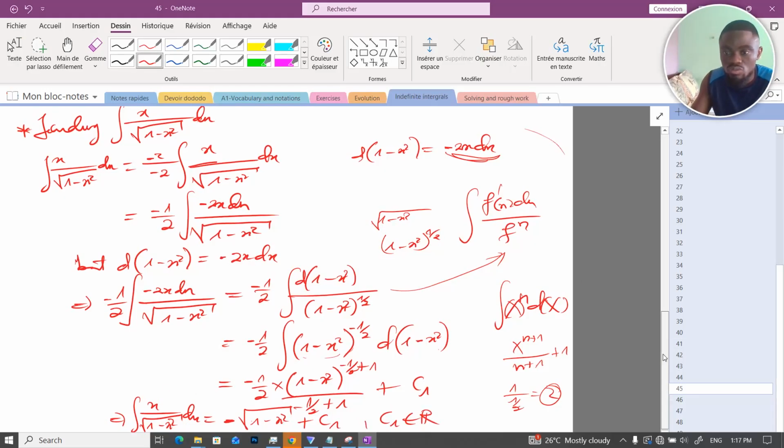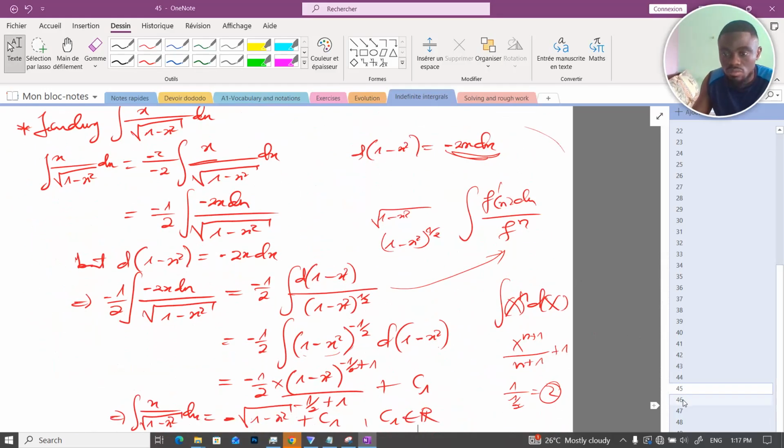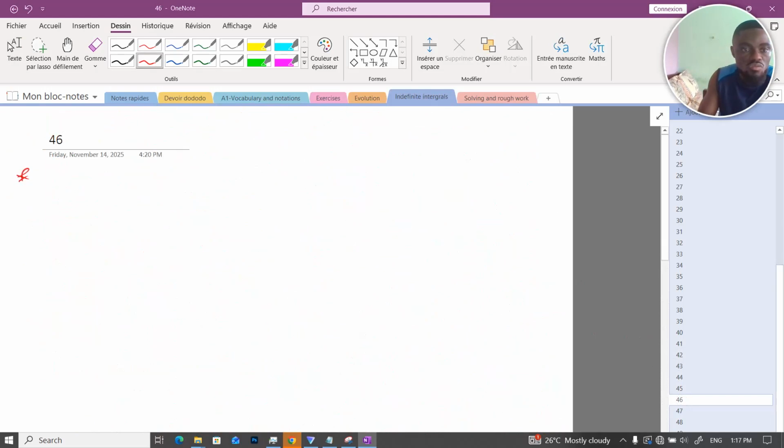Let's go now to the next page and calculate this integral. So finding the integral of 1 all over the square root of 1 minus x squared dx.